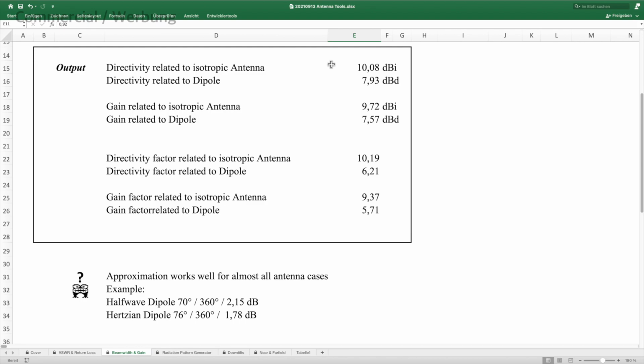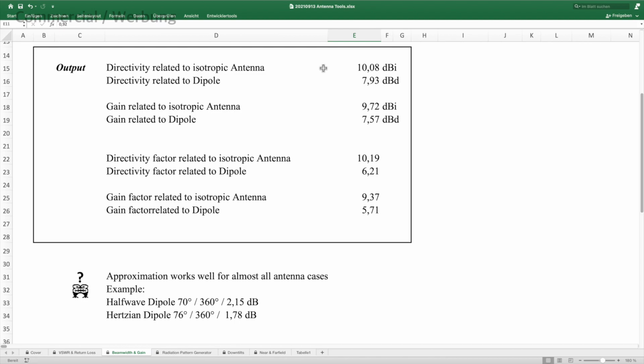Let me first try to sort the different dB values. The antenna directivity in dBi is related to a theoretical isotropic antenna that radiates evenly in all directions. Its directivity is 0 dBi.